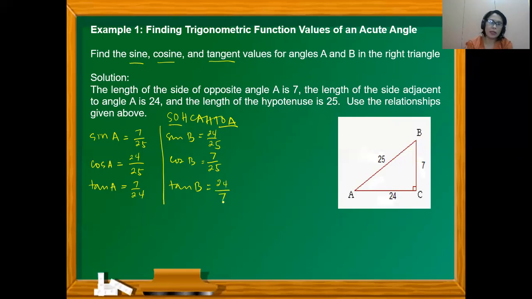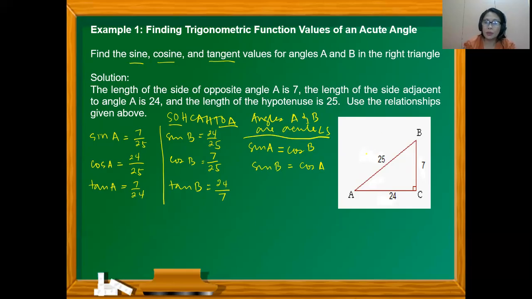Now, if you notice, class, take note here that sine A equals cosine B. Also, sine B equals cosine A. Now, we have to note, class, that angles A and B are acute angles, and their sum is equal to 90 degrees because this is a right triangle.